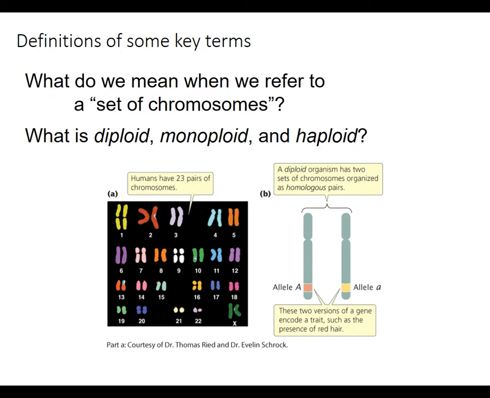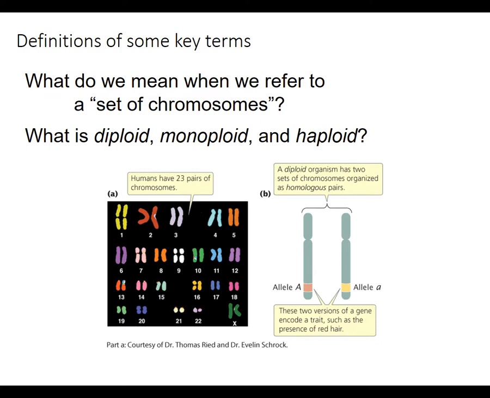So you have 2 full sets. In this image, they're not organized in their sets, they're organized in pairs. So the 2 copies of chromosome 1 are together. The 2 copies of chromosome 2 are together. But there are 2 sets total in this image, in the entire image.